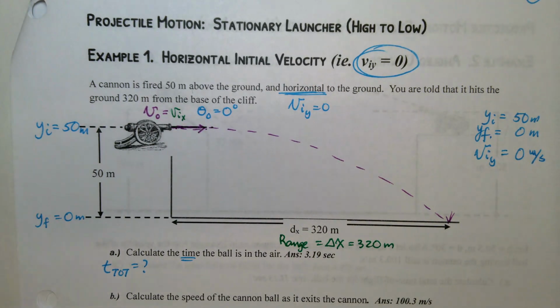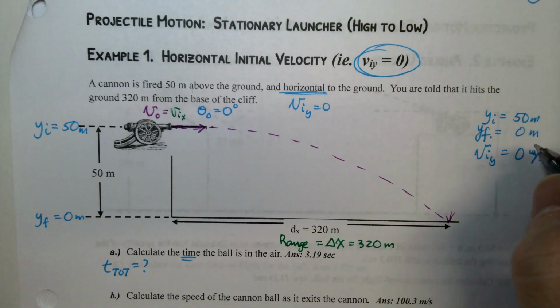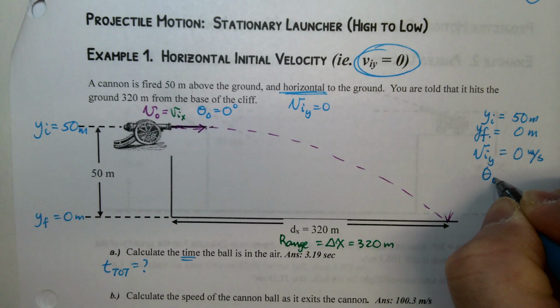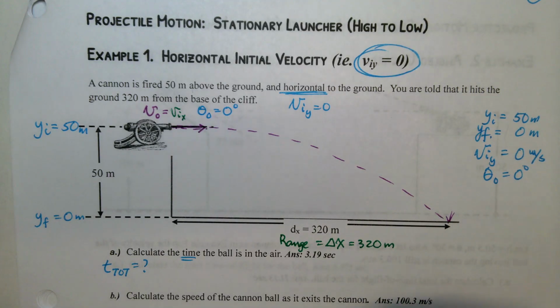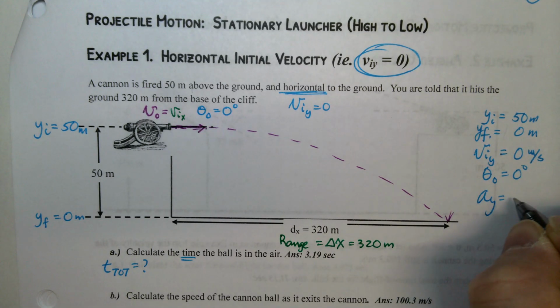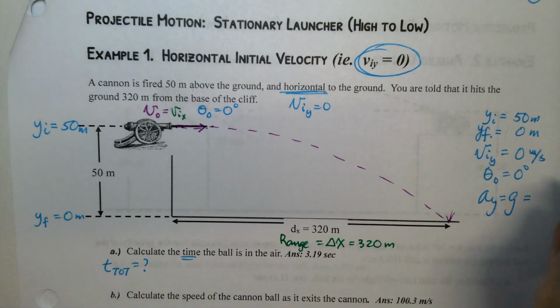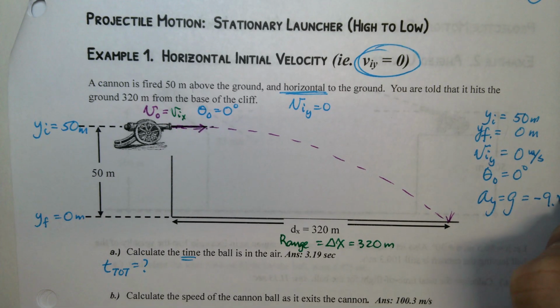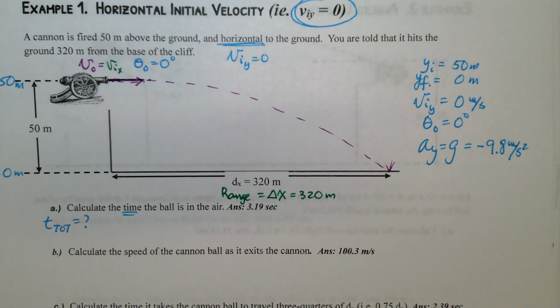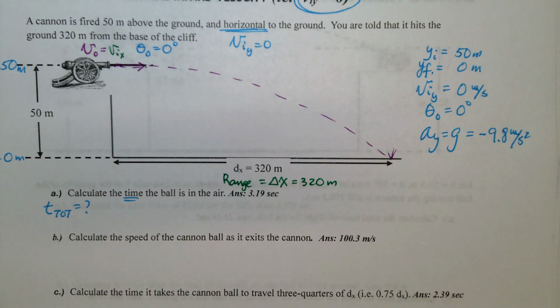And my theta naught is also equal to 0 degrees, and my a sub y, which is equal to g, I will use negative 9.8 meters per second squared here because I want you to be very accurate and be very precise with this lab. Instead of using negative 10, use negative 9.8.